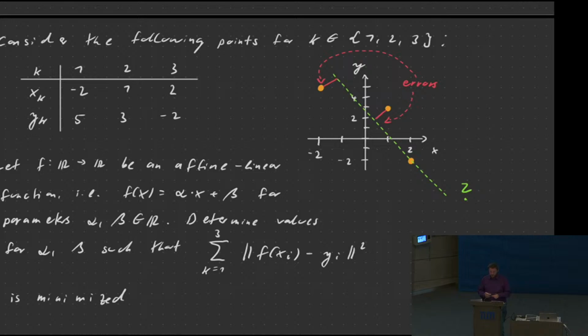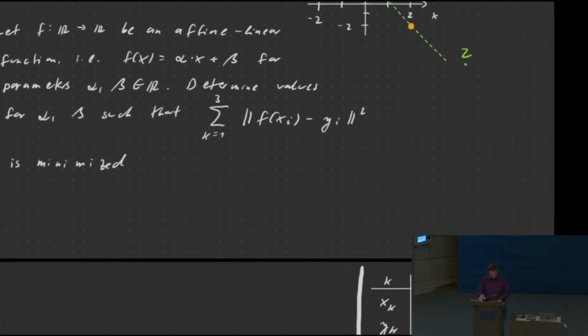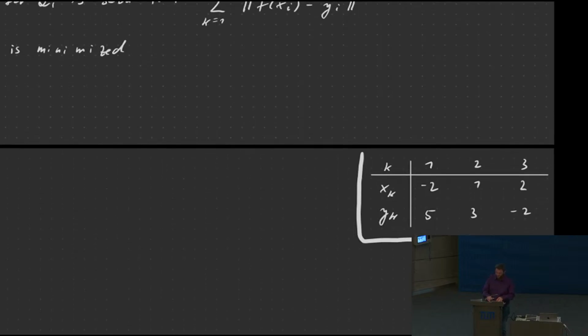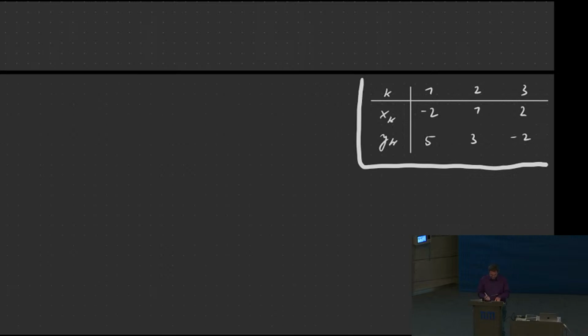Now, how would you go about that? Again, here's the table of measurements. Let me maybe show you the first step, and then let's see if you can get the rest done alone. So again, what we want is this relation f of x equals alpha x plus beta. We want to determine the right parameters for that.